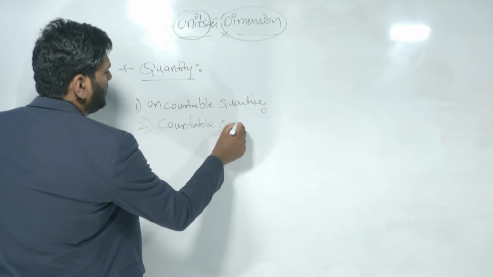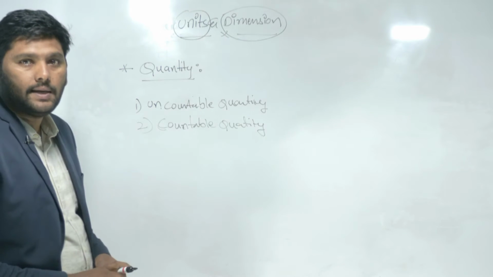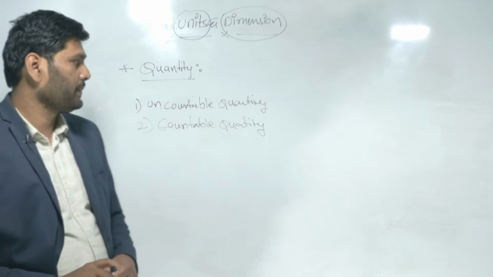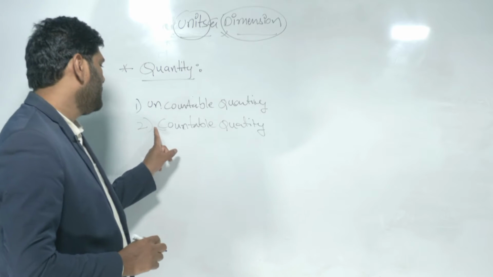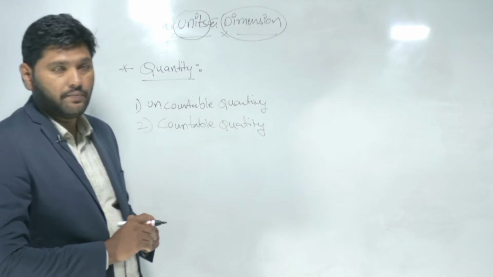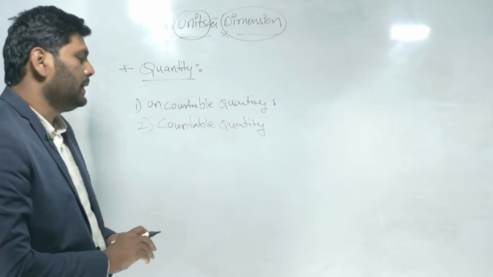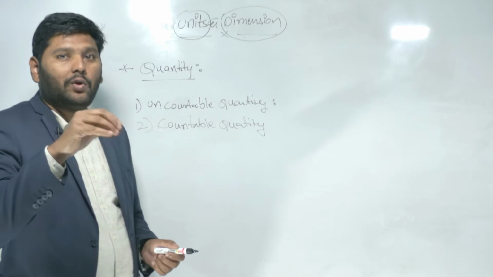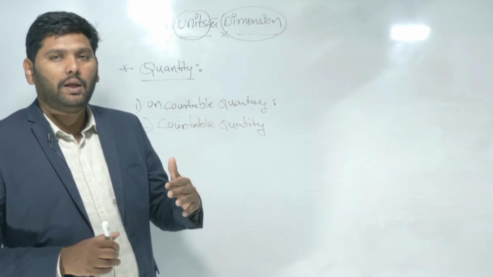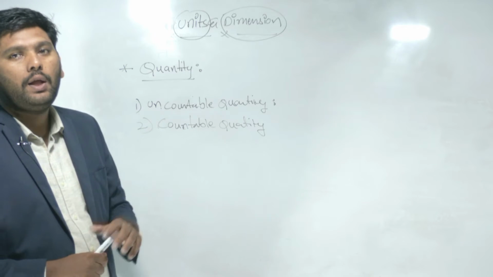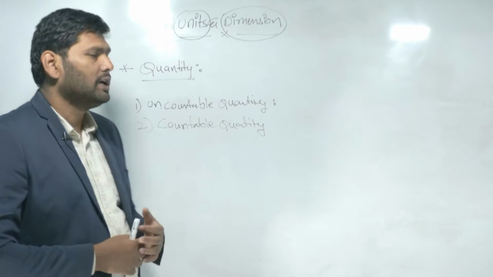Understand? See here, what is this uncountable quantity? What is this countable quantity? Let us learn. When you are talking about uncountable quantity, we do not have any number, or we don't have any instrument to measure. That kind of quantity is called uncountable quantity.